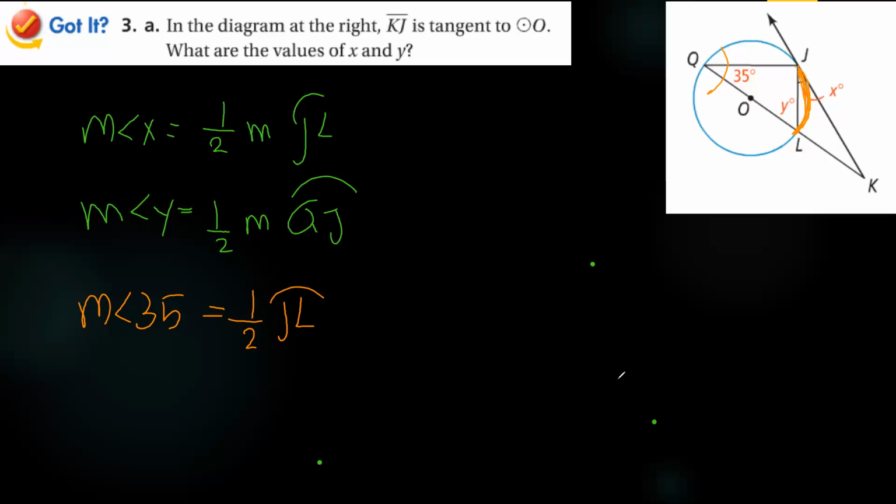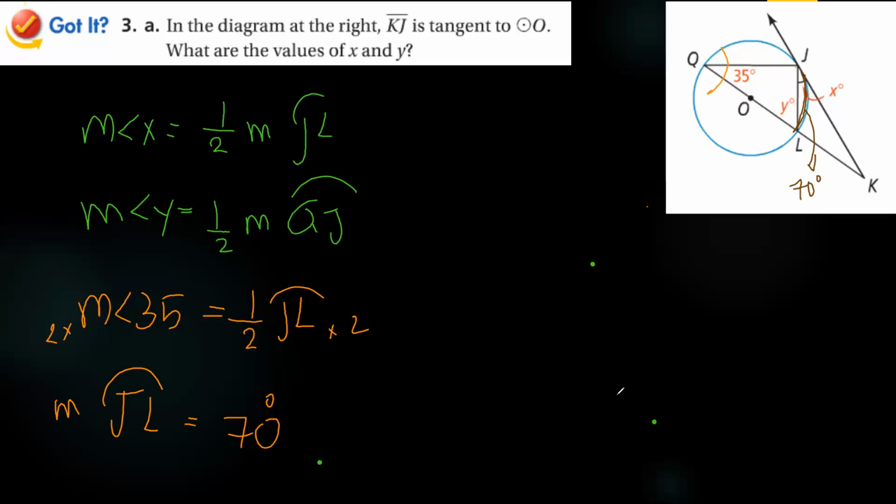So times 2. The measure of the arc JL will be 70. So this arc, the blue arc here, is 70.